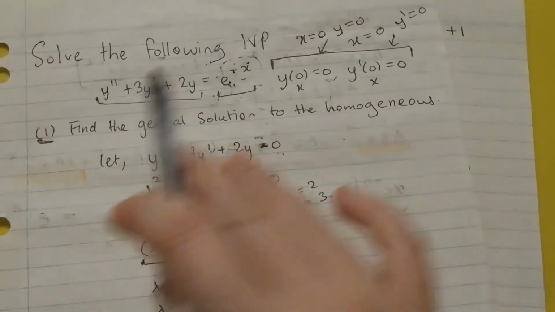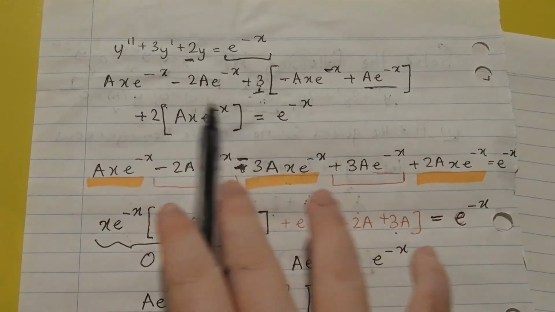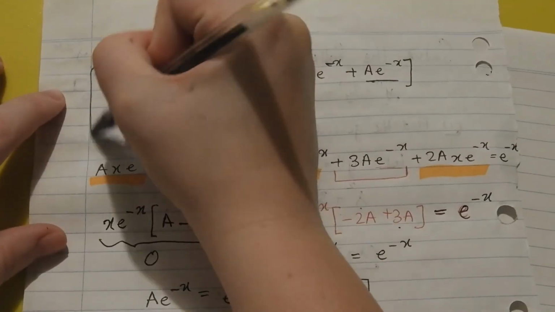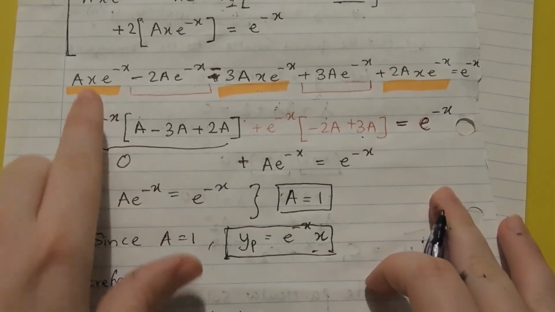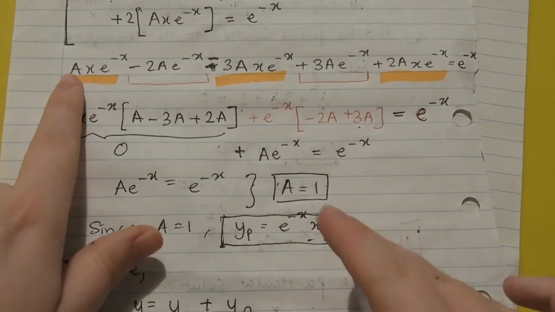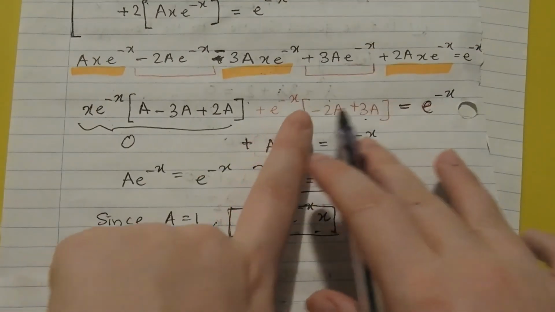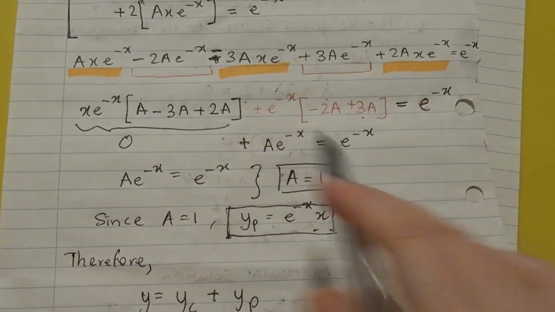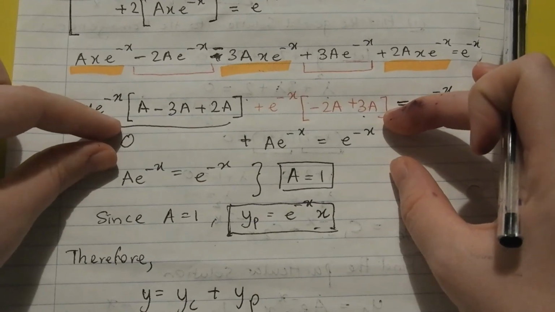And then we need to go back to our original equation and substitute these in, as was done here. I know it's a bit messy, but this is all the substitution. We equate the coefficients. That means we take all the coefficients out front, x e to the negative x in this case, and all the constants out front, e to the negative x, and we simplify it down into this simpler equation.